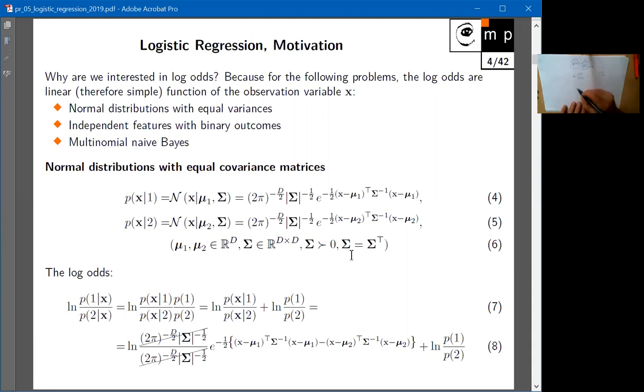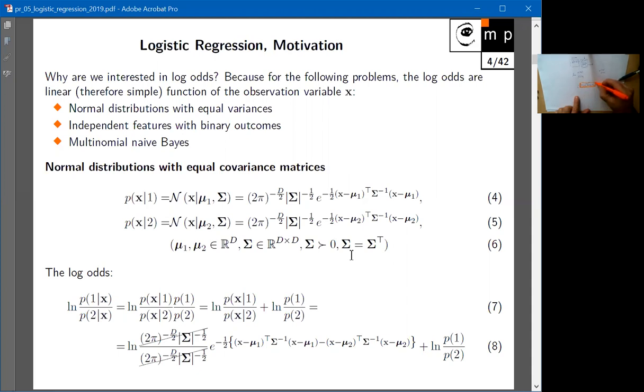Let's have a look at the final part, which is e to the minus 1/2 (x minus mu 1)ᵀ times the inverse of the covariance matrix times (x minus mu). Maybe I'll draw this bigger, but hopefully you can see this. My first question on Friday was, how would you describe in mathematical terms this expression?